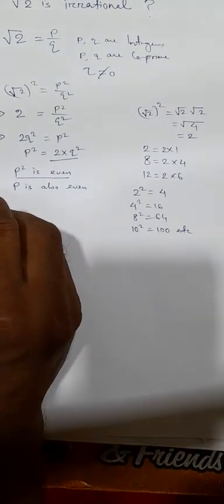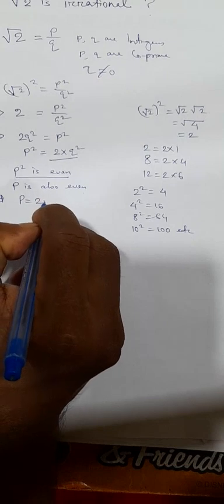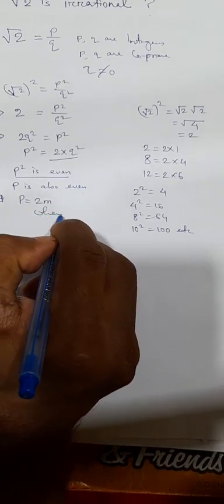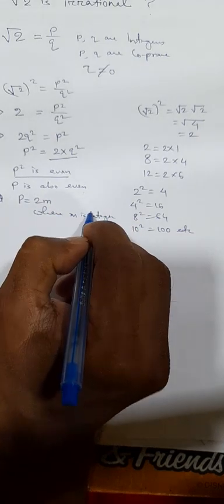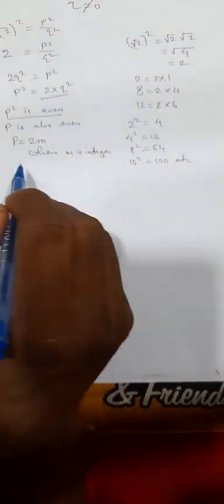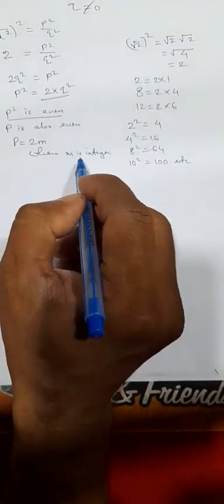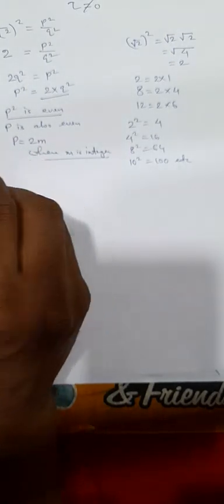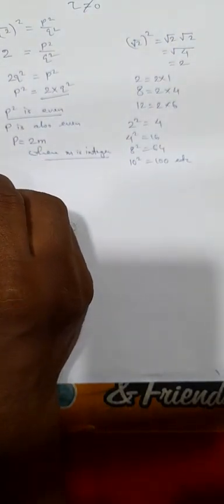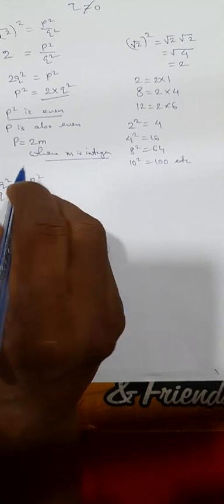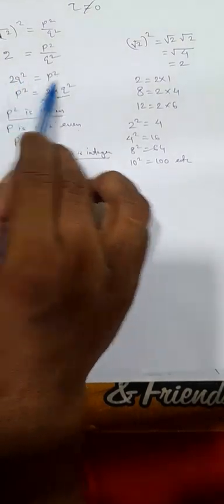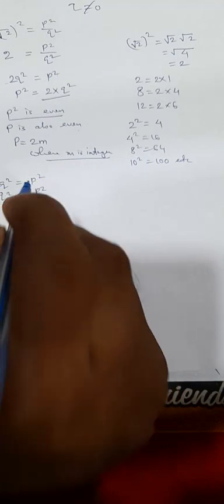If p is even, let p equal twice of m, where m is an integer. Now you see twice of q square equals p square, so q square equals p square divided by 2.